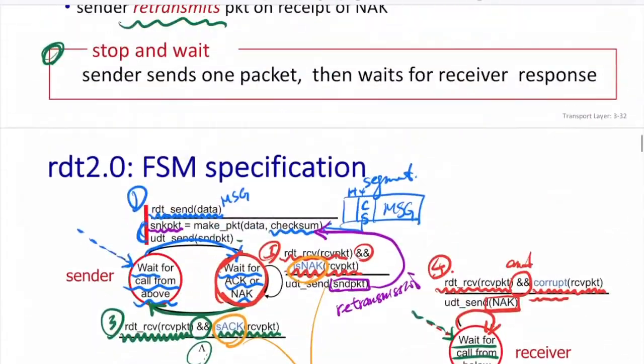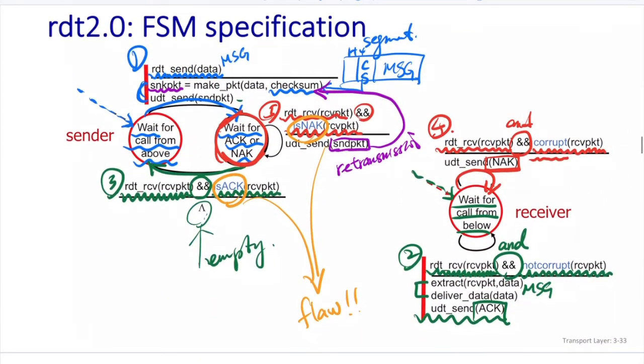But you have to think about one thing. If the receiver sends an ACK, step number 2, back to the sender, the receiver believes everything is fine and everything is done. I deliver the message, so everything is done, and I send the ACK back to the sender.